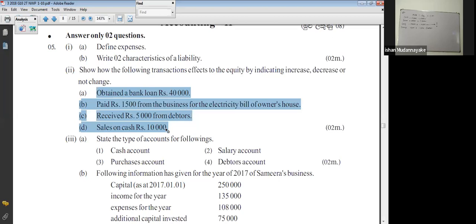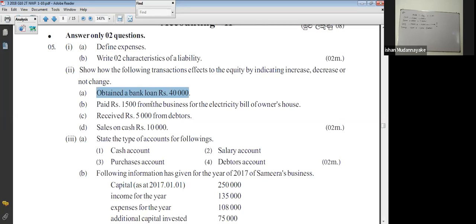Problem number 2, part A. First one, obtain a bank loan 40,000. Equity increase, decrease, or no change? No change. Because of the bank loan, no impact to equity, no change.